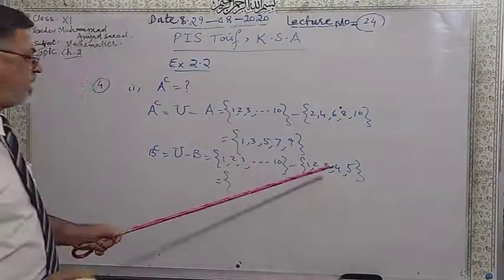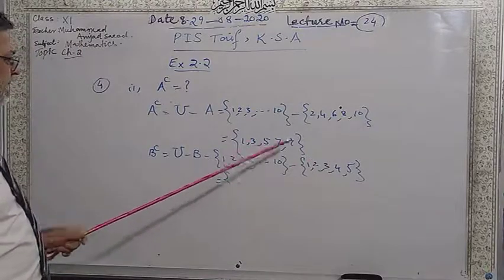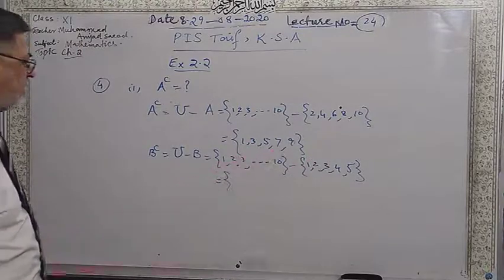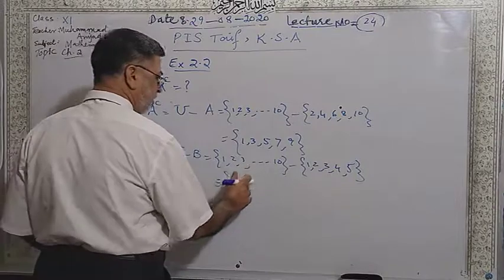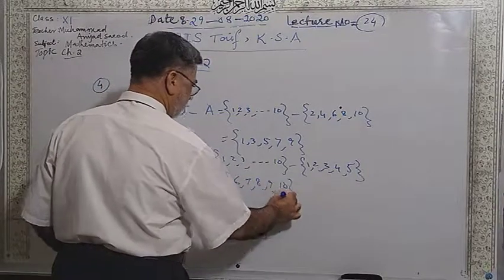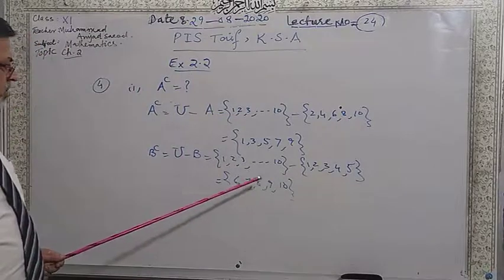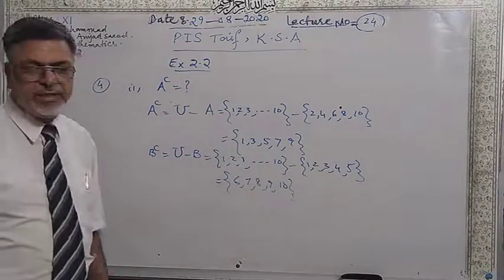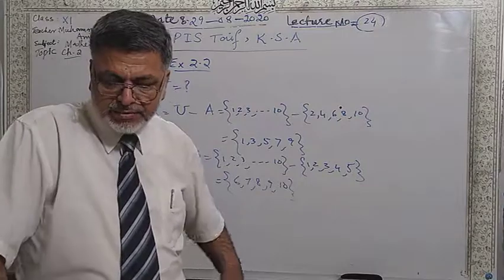You subtract these members from the universal set. What is left here? 6, 7, 8, 9 and 10. So in this way you will find A complement and B complement.